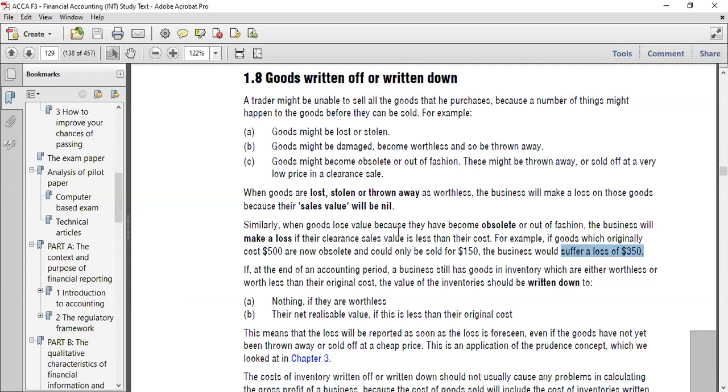Now, we only debit insurance receivable when we are sure that the claim has been accepted by the insurance company. This is very important.